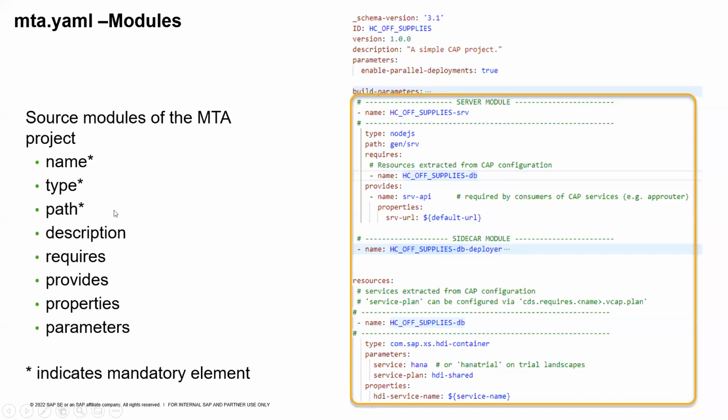Then we have optional parameters like description, where you can give the description text of the module. Then we can also specify the requires section, which contains the required resources of the other modules. So here, this requires section says it needs the DB module, the Office Supply DB container, which is a resource defined in the resources section.